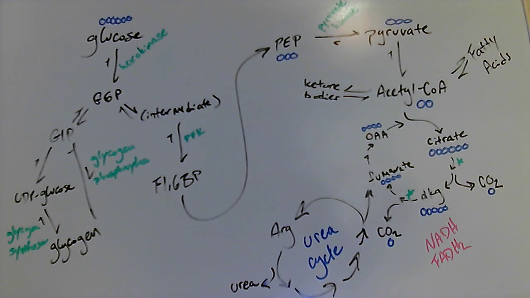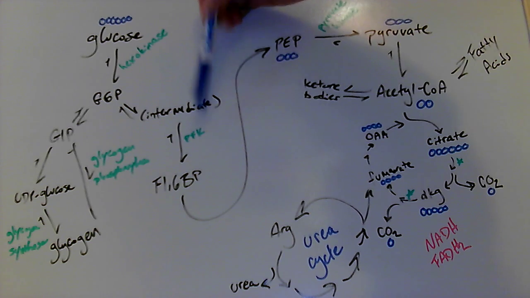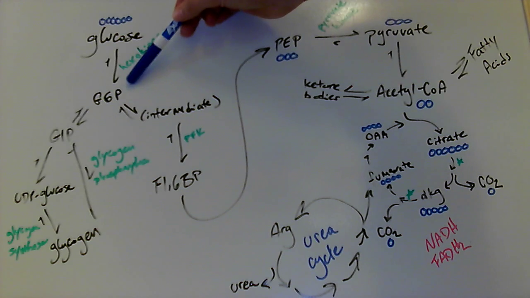They're not irreversible in a vacuum. Those steps in glycolysis are going to be with the enzymes hexokinase, phosphofructokinase, and pyruvate kinase. What that means is that the substrate is at an energetically higher point, much, much higher than the product.